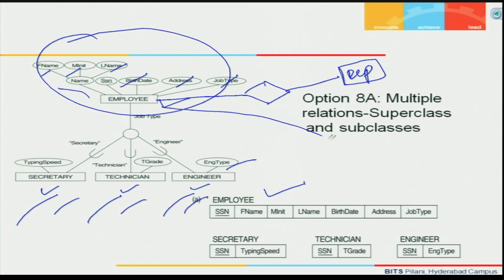This superclass entity type is mapped into a separate relation. I call it employee, where I attach all the regular attributes as the fields of the relation: SSN, birth date, address and job type.